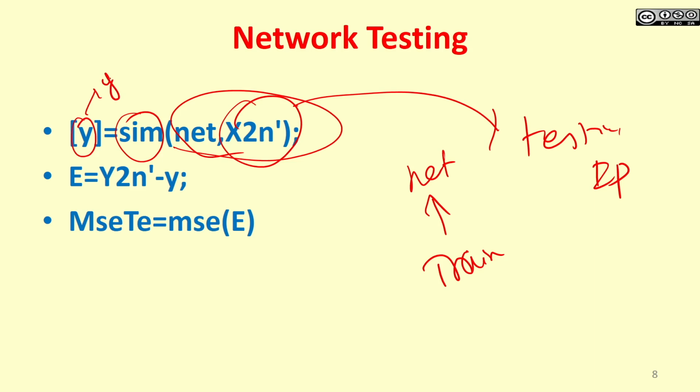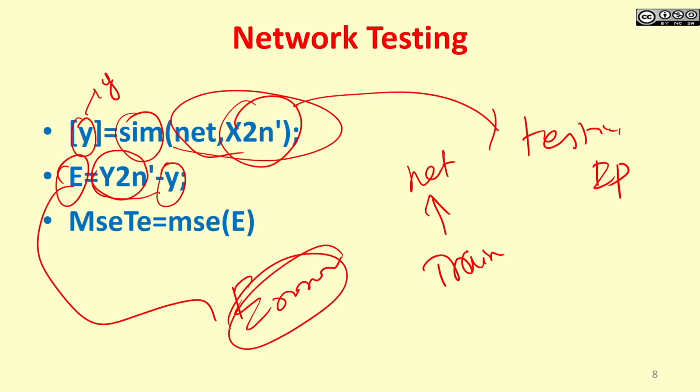The small y is the output produced by the model. This small y, the output produced by the network, is used for calculating the difference from the actual output. The difference between these two values is nothing but the error.